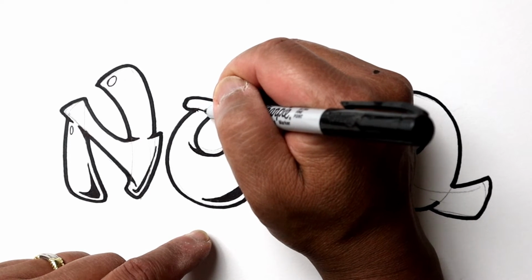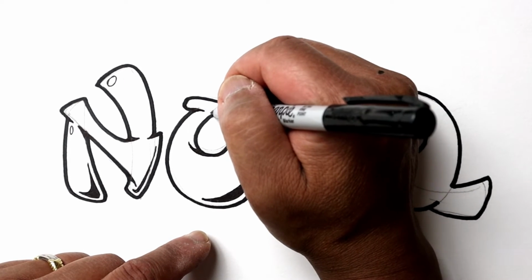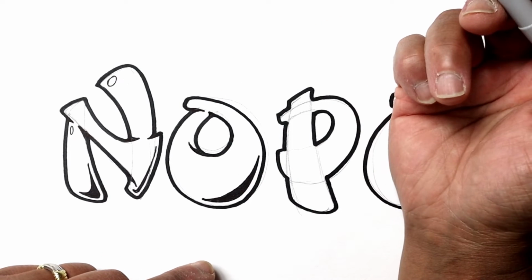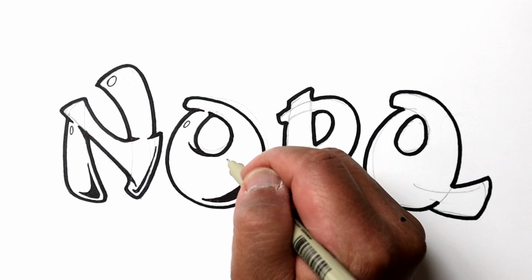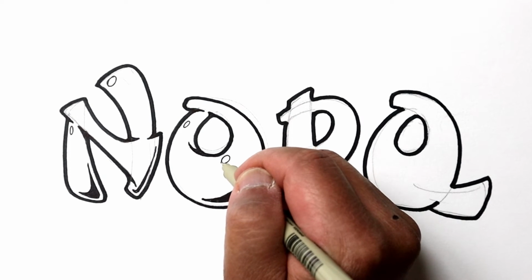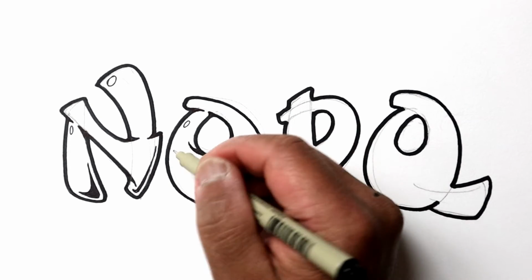So we'll extend this line over just like that. Let's draw our highlight, and in this case I'm going to draw a highlight here as well, a bigger one, just because this part's large.